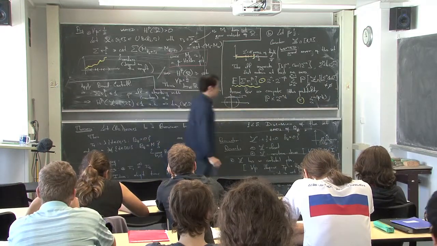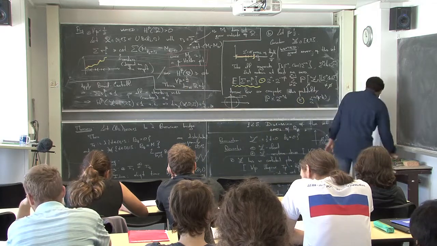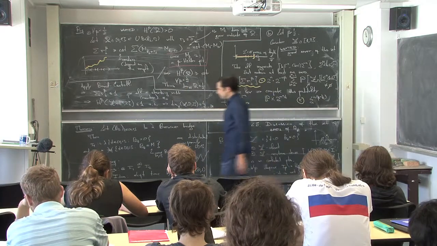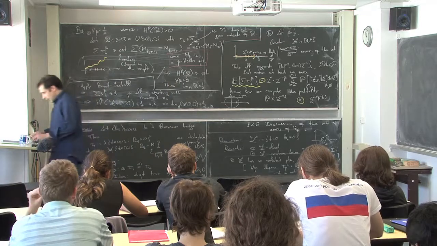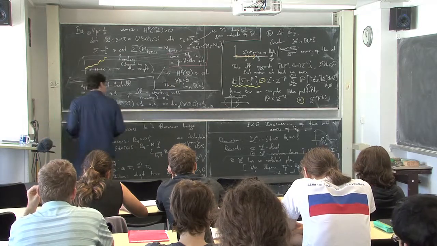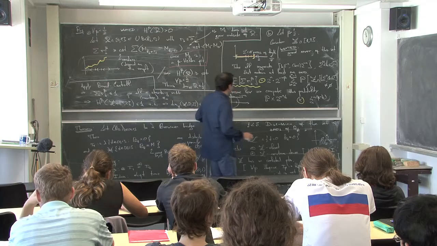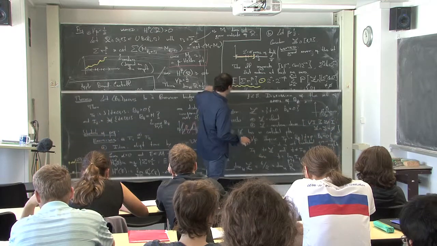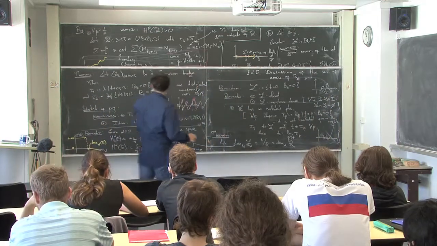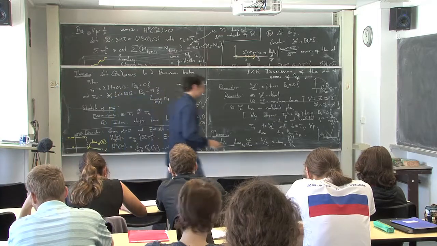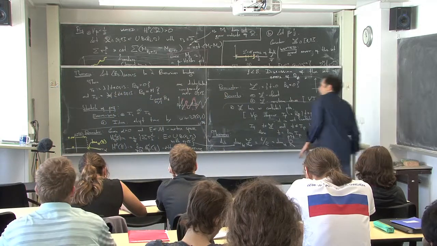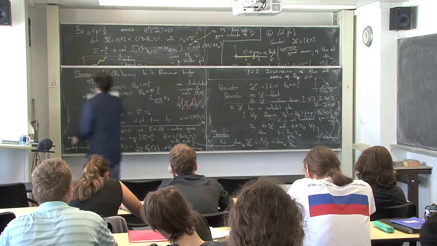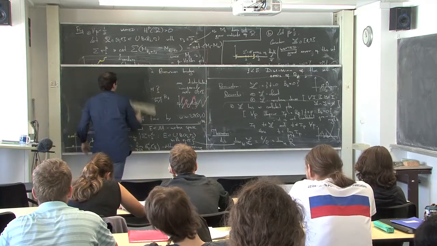Okay, so this is just some result on properties of the Brownian motion. And let me conclude with some discussion of the local time I promised, the local time at 0.